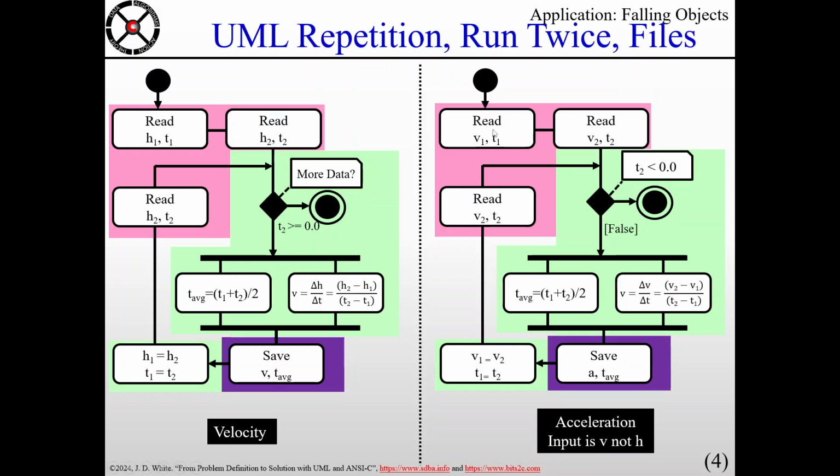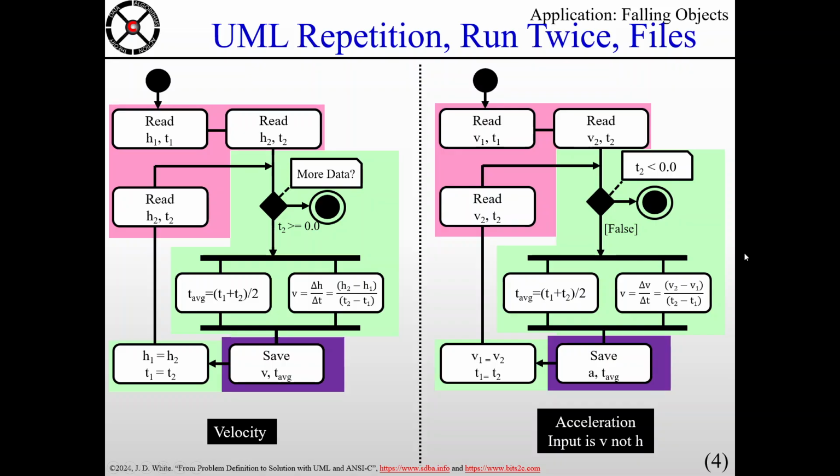Then we started again: more input, more calculations, saving, more calculations, more input, calculations, save, calculations, input, calculations, save. So we're doing input all over the place, not just in one spot.